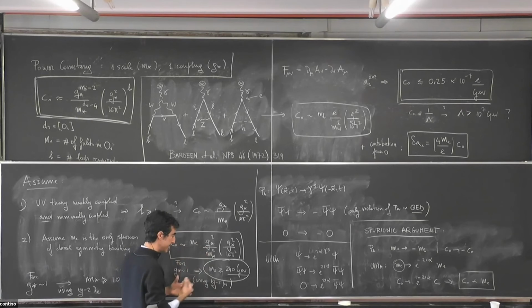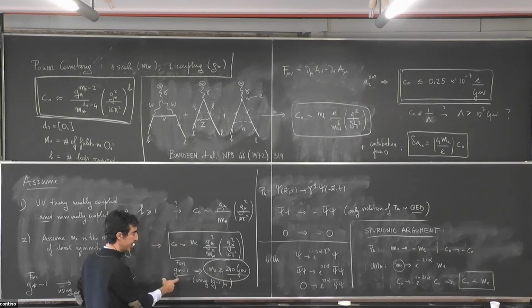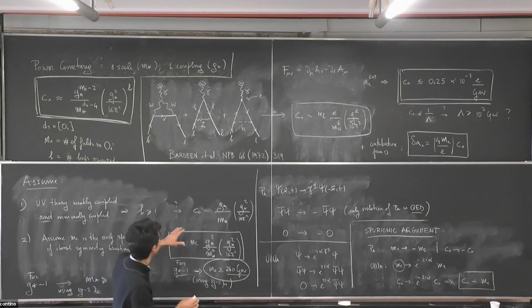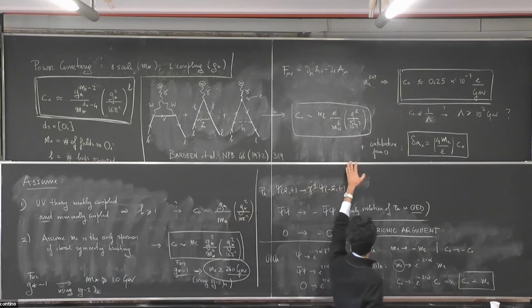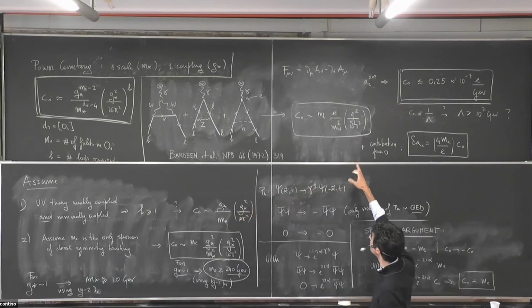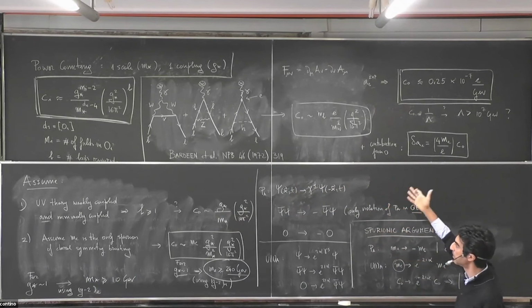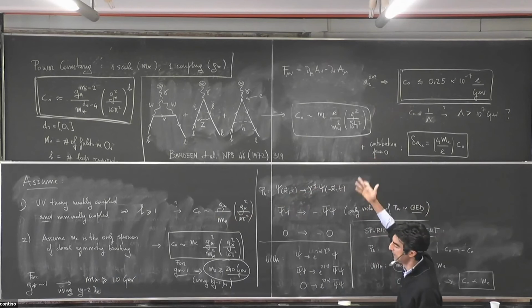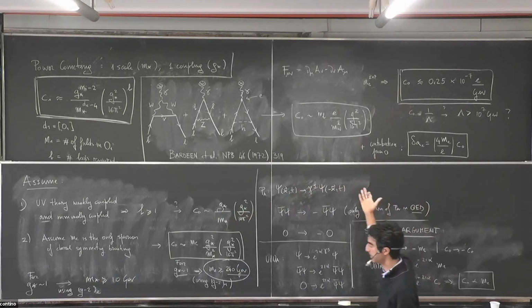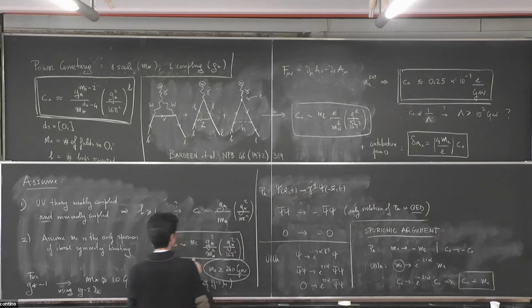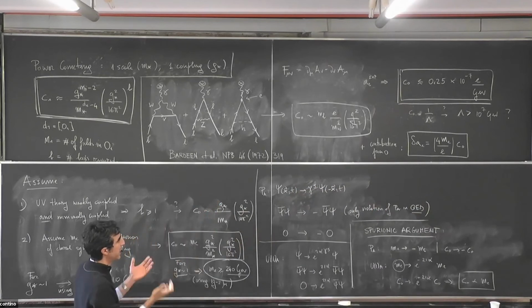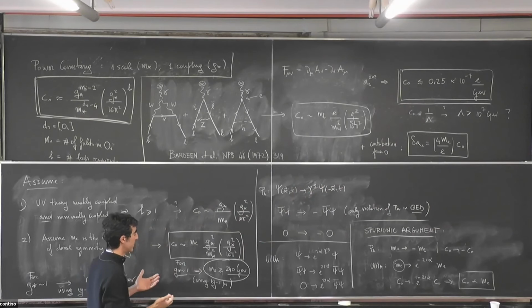In order to get a bound on the UV scale, we had to make a guess on the coupling, which is exactly fulfilled in the case of the standard model as a UV completion of QED, because the coupling g is more or less a half. But if the coupling was 10 to the minus 4, then the bound would have been much milder.